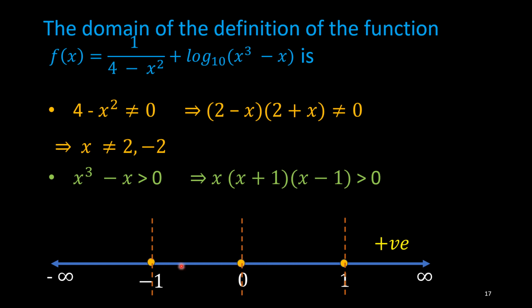So for these two factors it is positive, because 0.5 is positive, and 0.5 plus 1 is 1.5, also positive. However, for the term 0.5 minus 1, this will become negative. Others two are positive, this is negative, thus the total product will become negative.